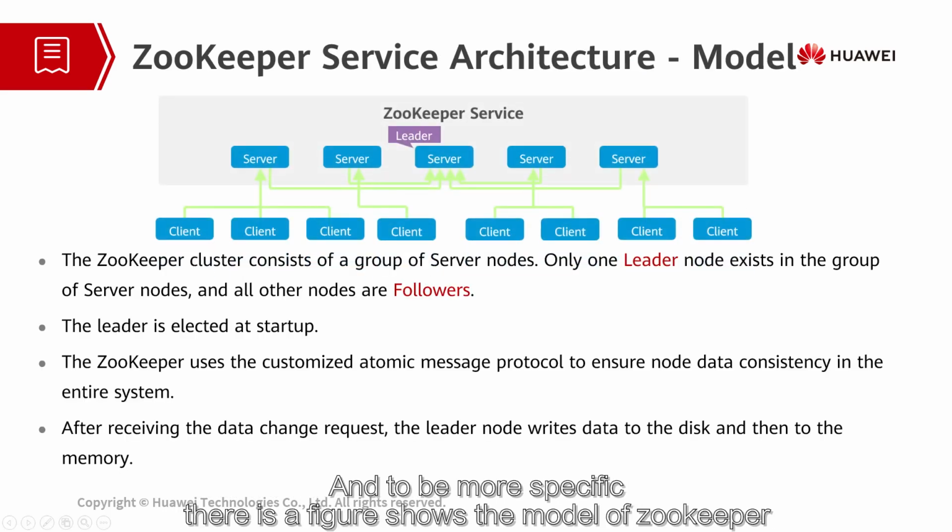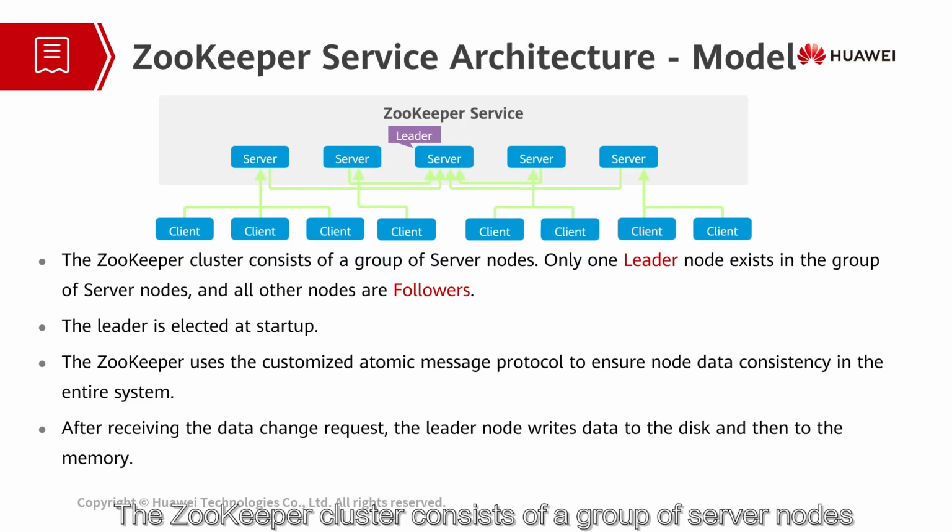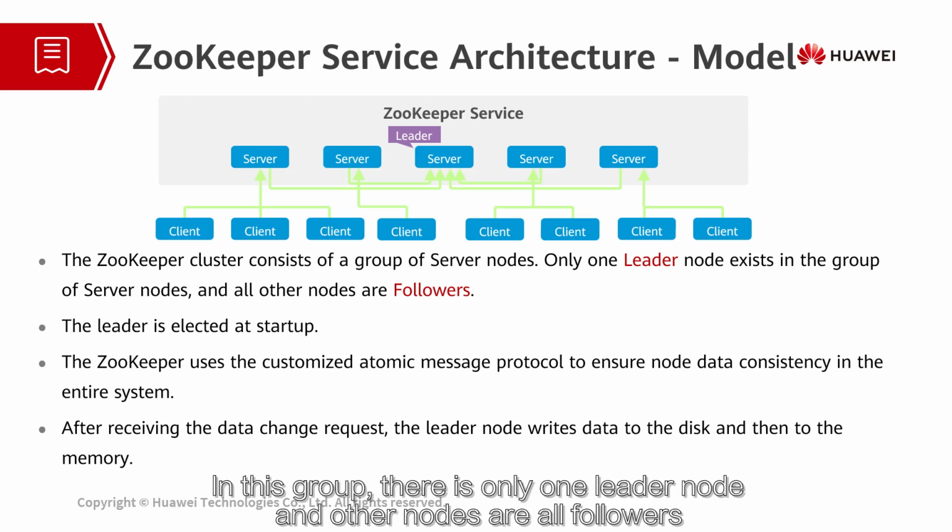And to be more specific, there is a figure showing the model of ZooKeeper. The ZooKeeper cluster consists of a group of server nodes. In this group, there is only one leader, and other nodes are all followers.